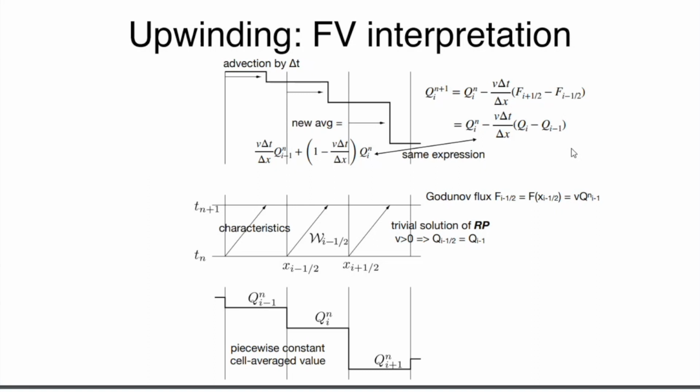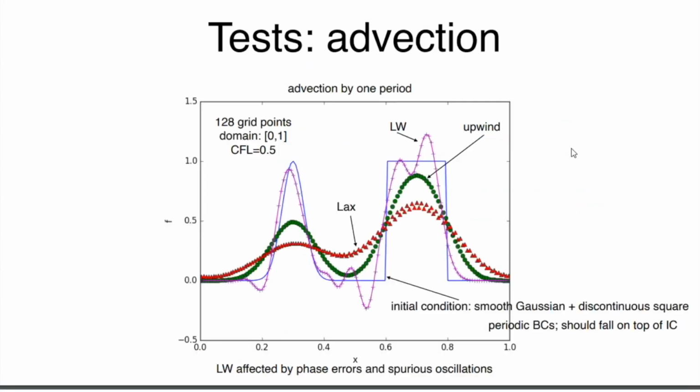These are the characteristics of it. And now we just average this to get the new average value of Q, which is just this. So this is just a reinterpretation of this upwind method in terms of a scalar Godunov method.